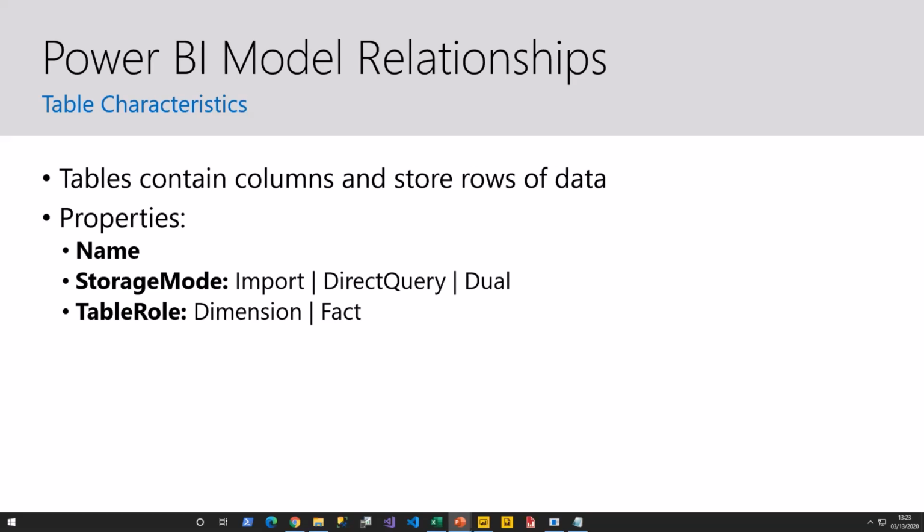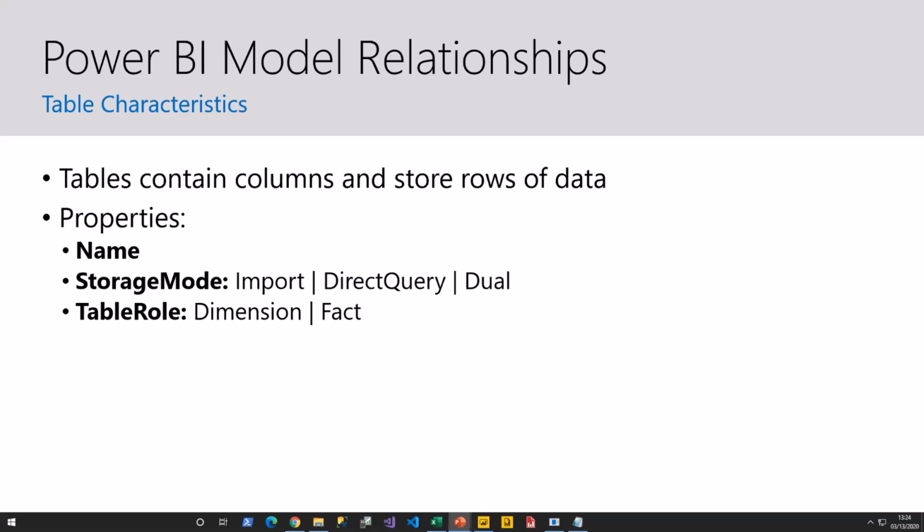All right, so there are really three types of models. The most common is an import model, whereupon data is imported into the tables and you typically have a recurring schedule that refreshes and keeps that model data up to date. Direct query is the opposite. The data is never loaded into the model. It's stored in the source, and as Power BI needs to query it, it uses a query against the source system.